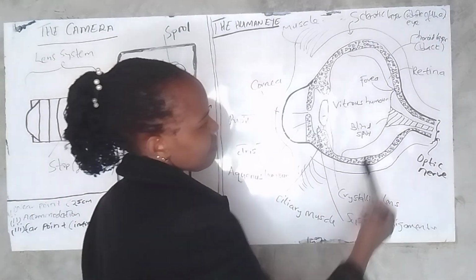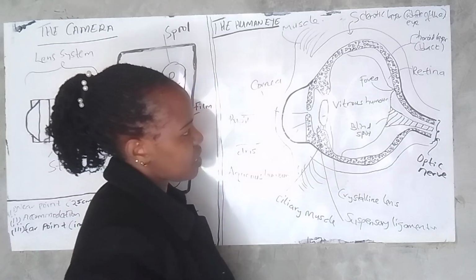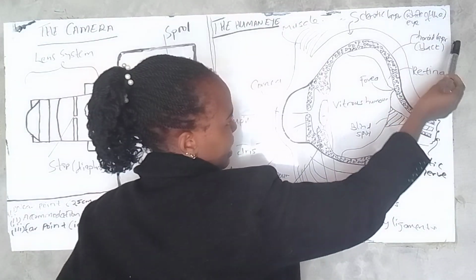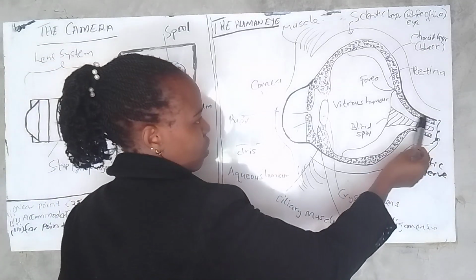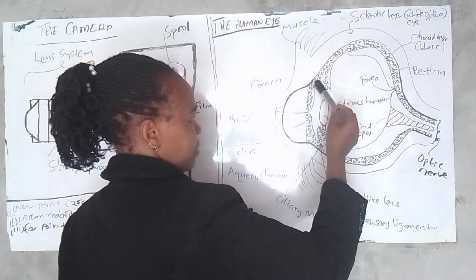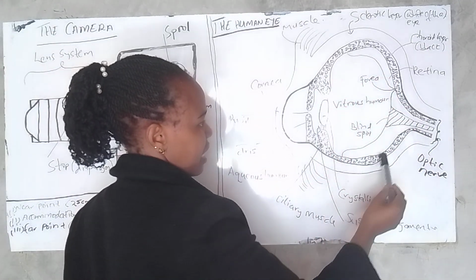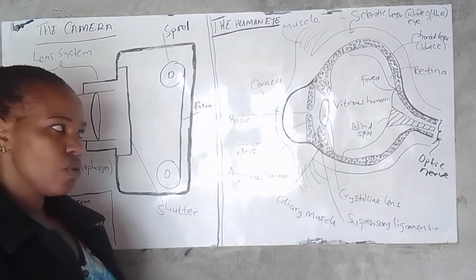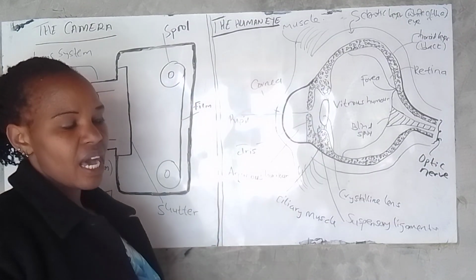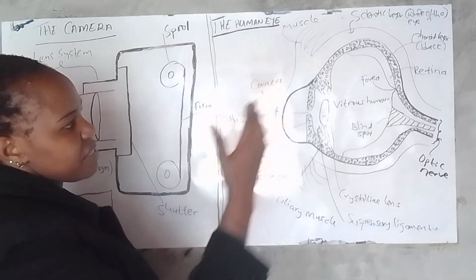Okay, what else do we have apart from the retina? We have a section we call the choroid layer, which is black. It is a dark region. When light enters the eye, there is stray light.